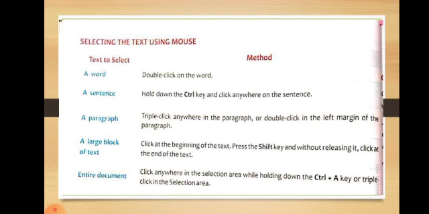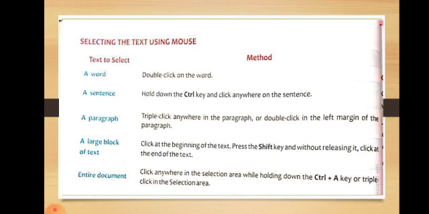For selecting a paragraph, you can triple click on the paragraph or double click in the left margin of the paragraph. And for selecting a large block of text, you can click at the beginning, press the Shift key, and without releasing the Shift key, click at the end of the text.